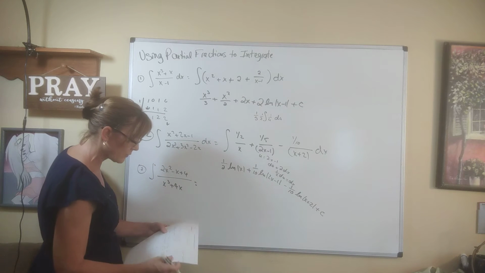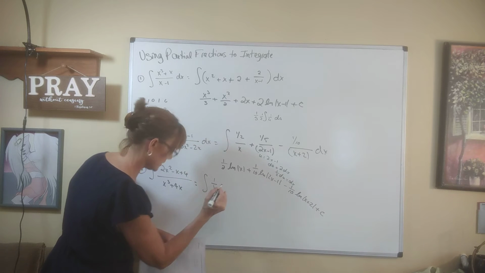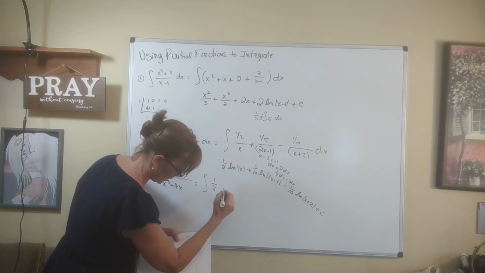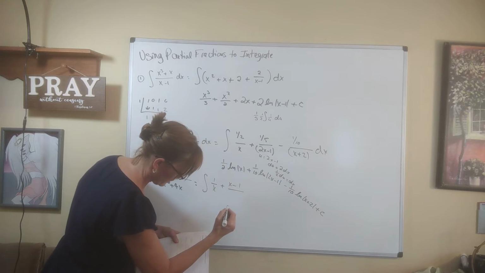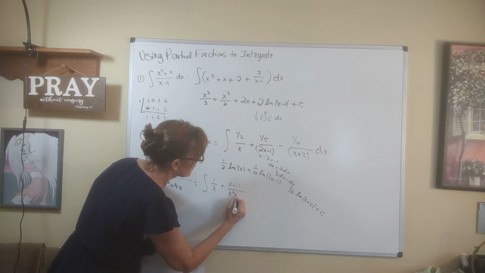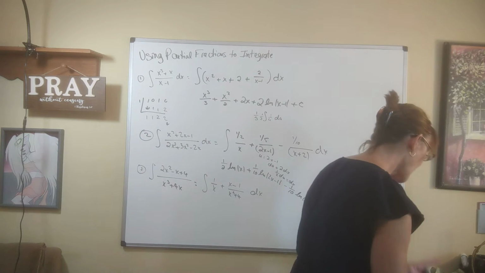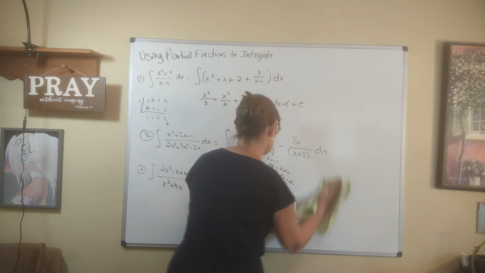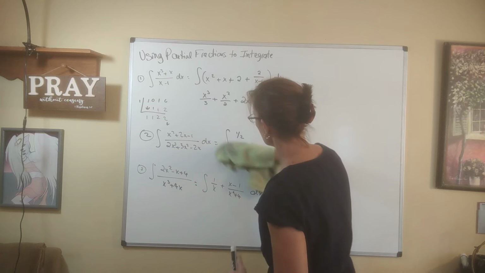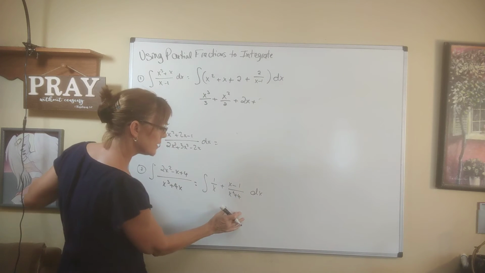And so we rewrote that into the integral of 1 over x plus (x minus 1) over (x squared plus 4) dx. Okay, so how will we handle this one? 1 over x integrates into the natural log of x. That's no problem, right? But this right here, what will that be?